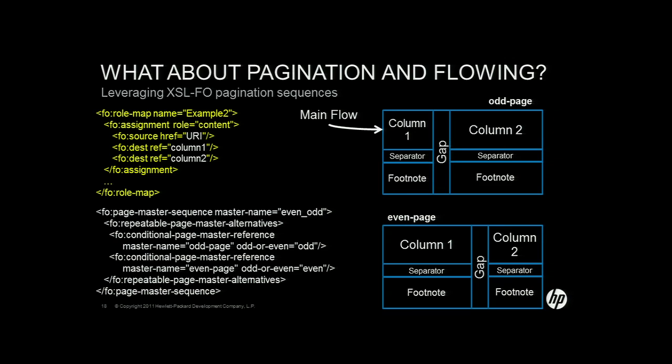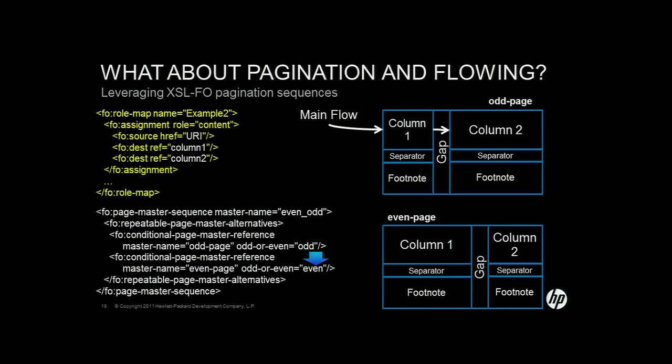The way it works is that the main flow will be assigned to the odd page. Let's say page 1 will be the first one to start. My role map will say that the content needs to go from column 1 to column 2, so it will do exactly that. But when I finish here, because my page counting will be 2, it will say, oh, you need to go to the even page now and render there. So the layout of the even page will be considered now instead of the layout of the odd page, but the role map is exactly the same.